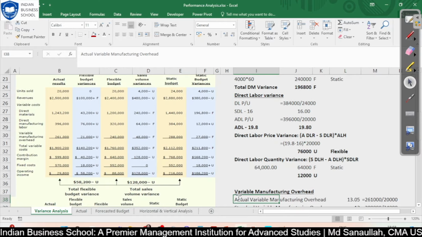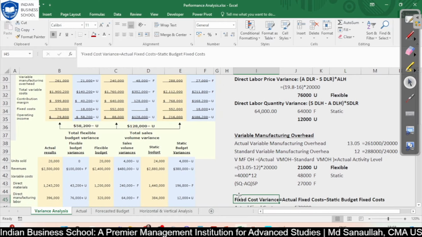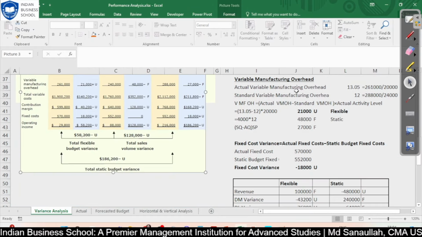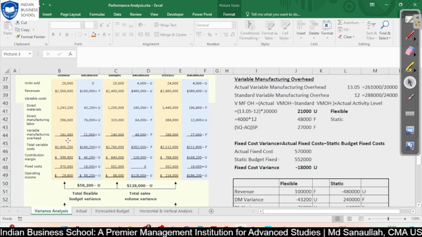Now we will try to understand the variable manufacturing overhead variance. First we want to calculate the variable manufacturing overhead total cost and divide by total quantity. What is our quantity? 20,000. If you divide, you will get your actual variable manufacturing overhead cost.